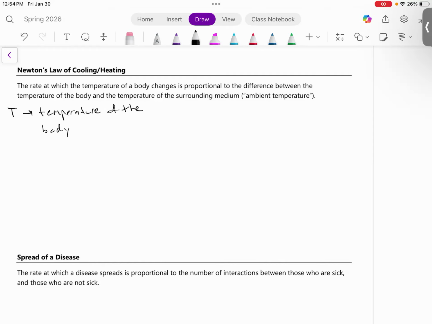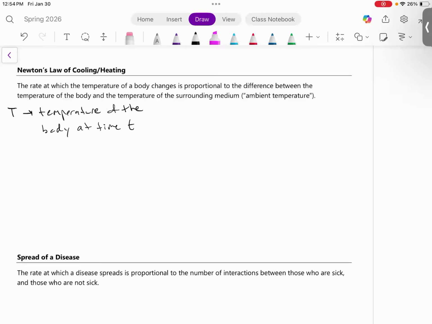That's our variable, and then we can pick it apart from there.